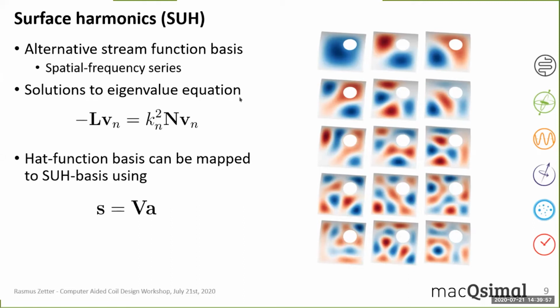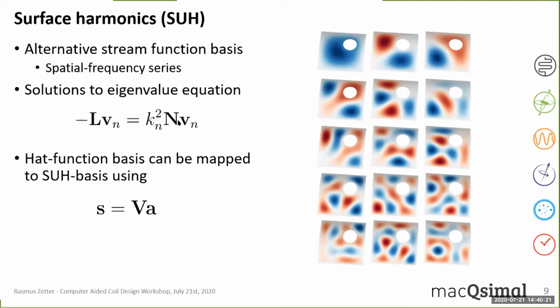And each of these is a solution to this eigenvalue equation where you have the Laplacian L, then we have the Vn, each of these is a V, the mode. You have an eigenvalue which describes the characteristic spatial frequency of the mode.